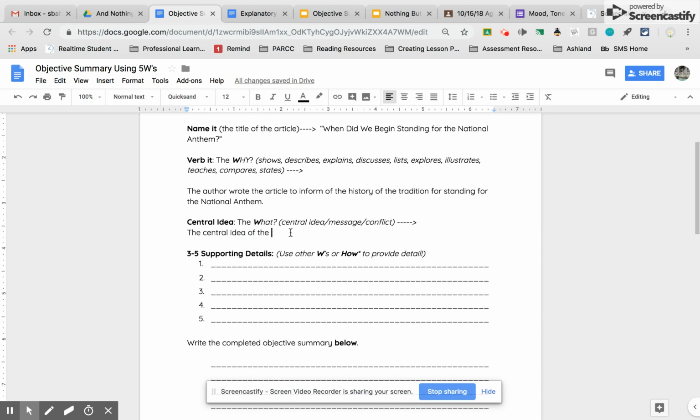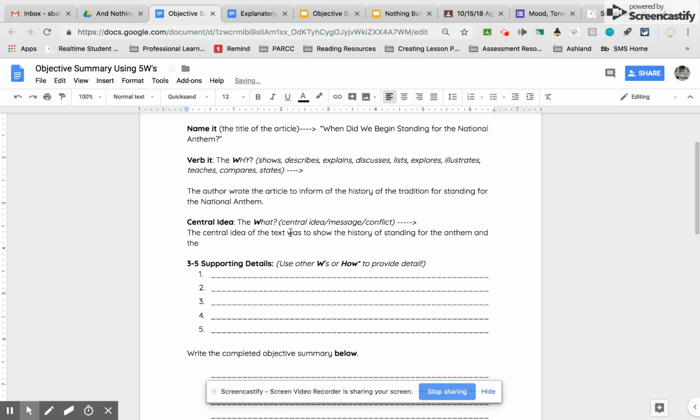The central idea of the text was to show the history of standing for the anthem and the tradition of doing so in society, such as sporting events or gatherings. So that was essentially what the article was about.